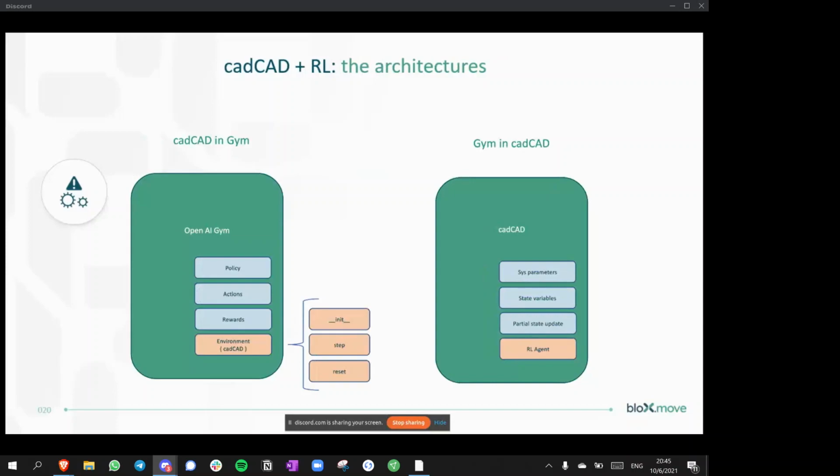we have in the reinforcement learning description policies, actions, and rewards. This represents more or less the agent. And then we have the environment, and the environment could be a cadCAD environment. The problem is that in OpenAI, the way the environment should be described is through three different functions: init, step, and reset.